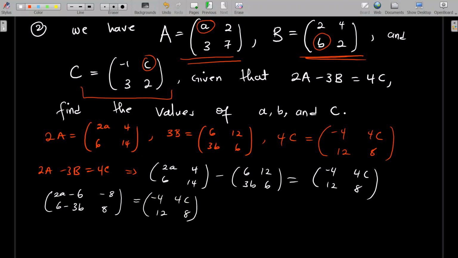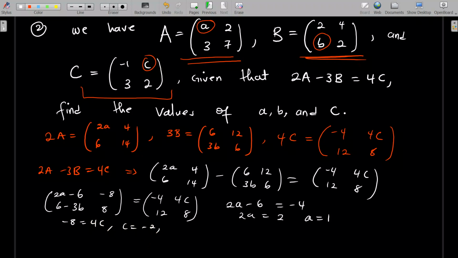So from here, I can do the same thing we did for the first problem. I'm going to say that 2a minus 6 should be negative 4. Out of this, 2a is equal to 2, and then a should be equal to 1. On the other side, negative 8 is equal to 4c, so c is equal to negative 2.